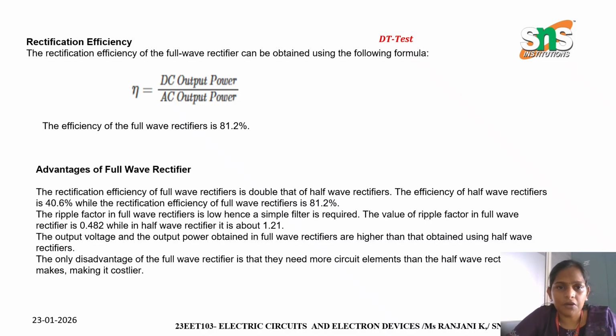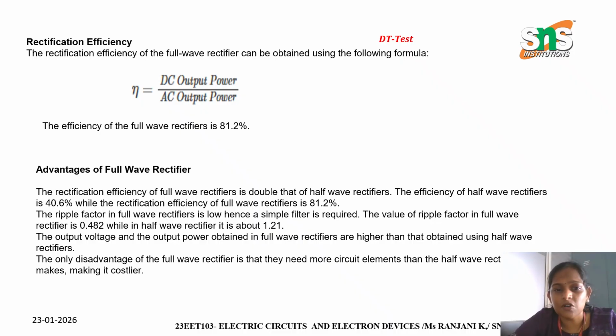Efficiency is the DC output power divided by the AC input power. The efficiency of the full wave rectifier is around 81.2%, whereas for the half wave rectifier it is 40.6%, so its efficiency is extremely high compared with the half wave rectifier.